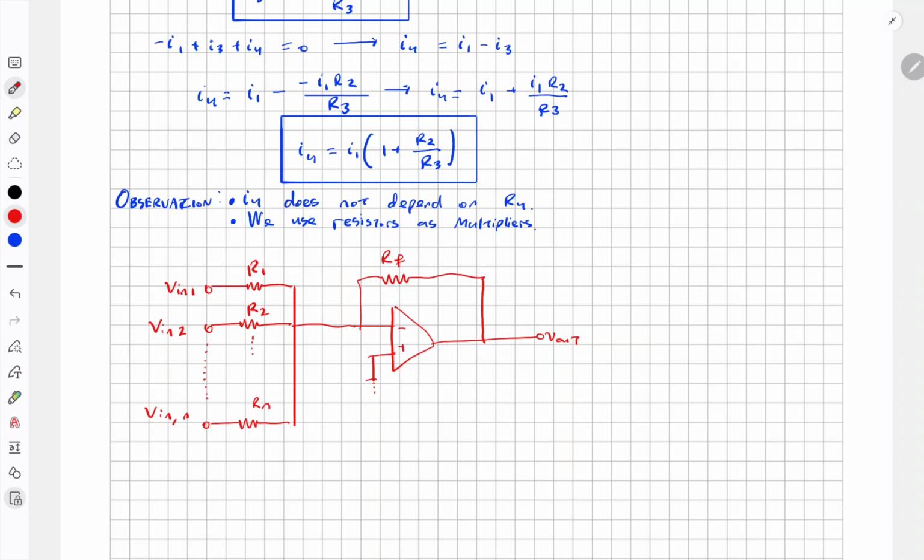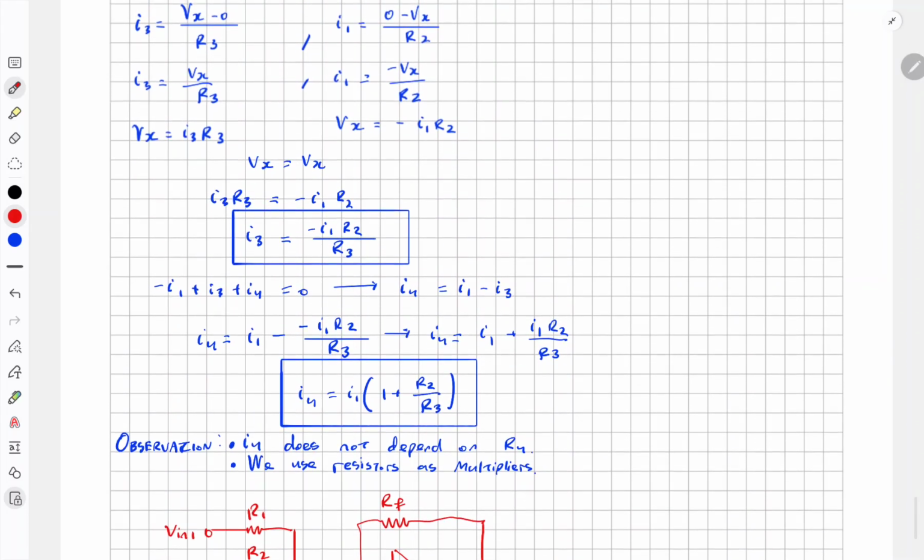Anyways, this is a circuit that can do something like this: V out is equal to negative RF multiplied by VN1 over R1 plus VN2 over R2 plus, so on and so forth, all the way to VNN divided by Rn.